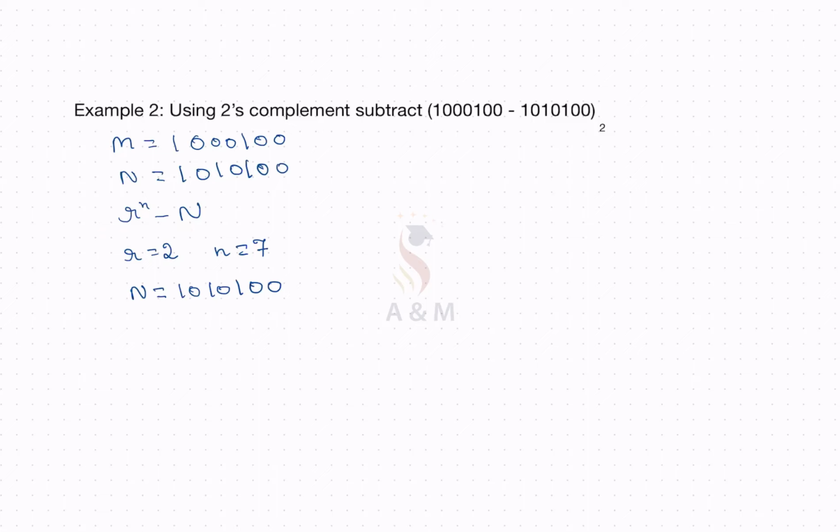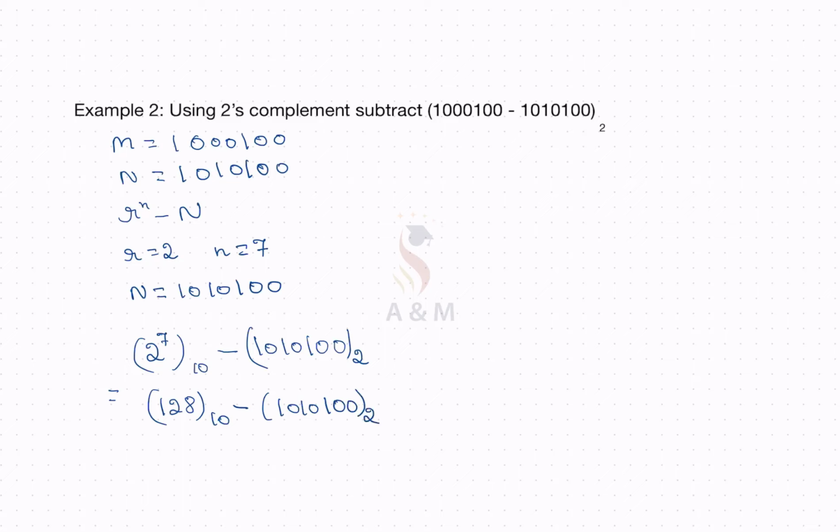We get 2 to the power 7, which is in base 10, minus 1010100 to the base 2, which is equal to 128 to the base 10 minus 1010100 to the base 2.